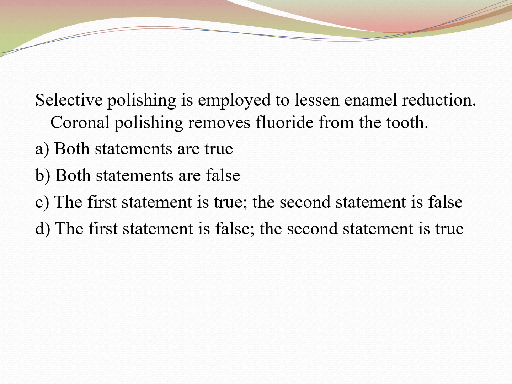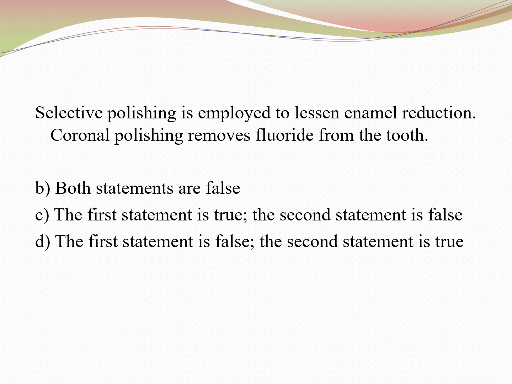Selective polishing is employed to lessen enamel reduction. Coronal polishing removes fluoride from the tooth. A, B, C, or D? Both statements are true. Selective polishing is employed to lessen enamel reduction, because with our abrasivity we can remove a little bit of that enamel, and coronal polishing also removes fluoride from the tooth.